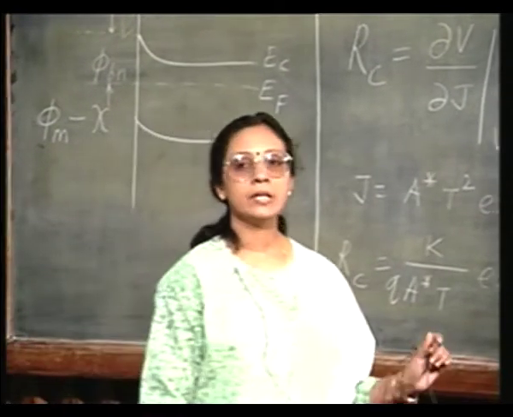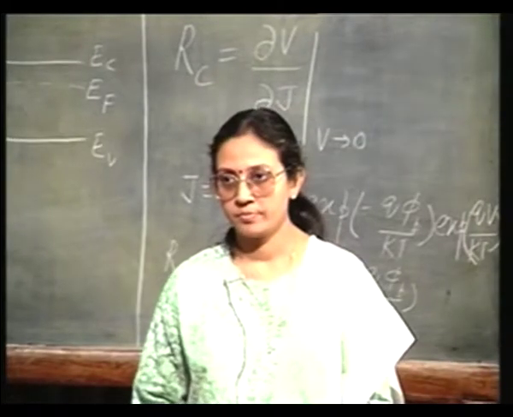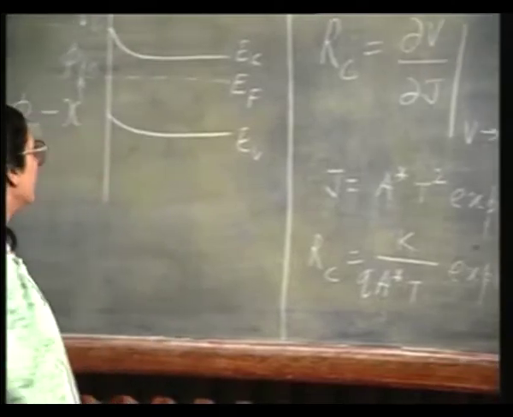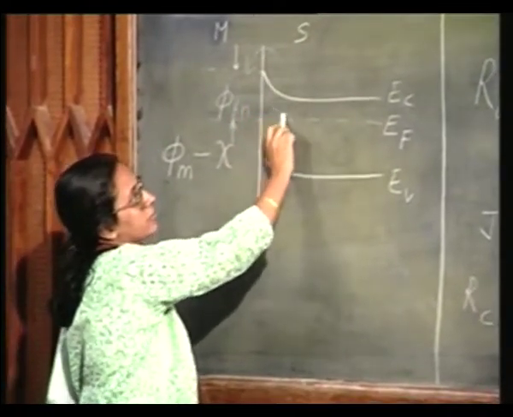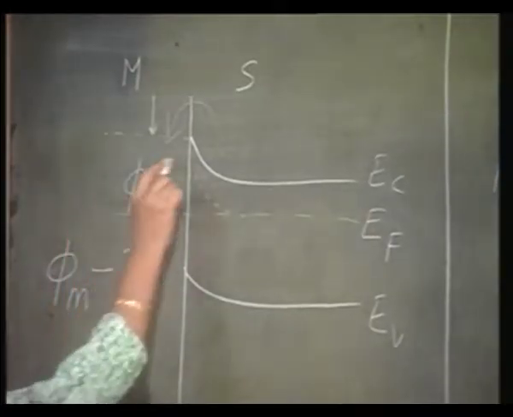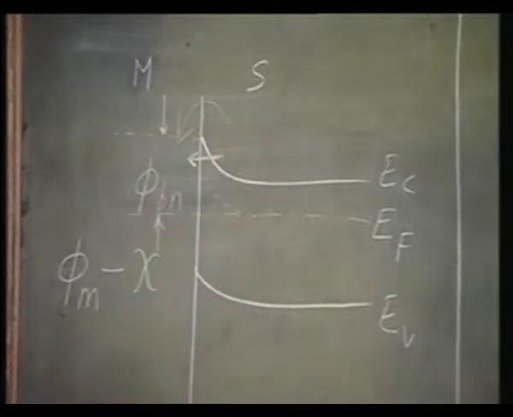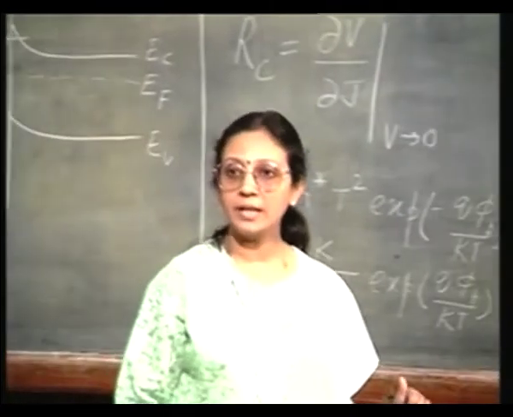However, what will happen if the semiconductor is heavily doped? I will have a narrow barrier here like this. That means there can be movement of carriers through the barrier by tunneling.